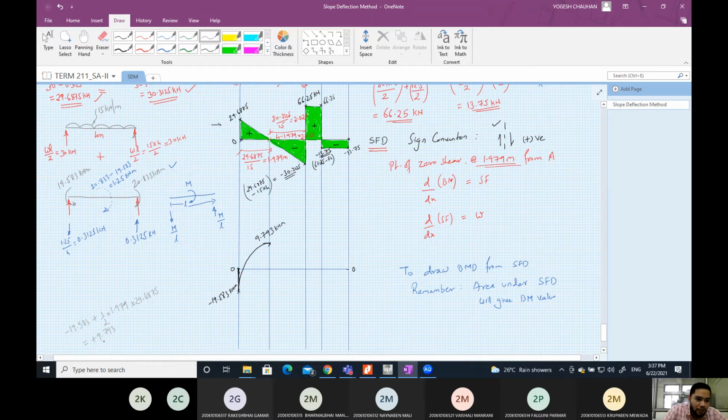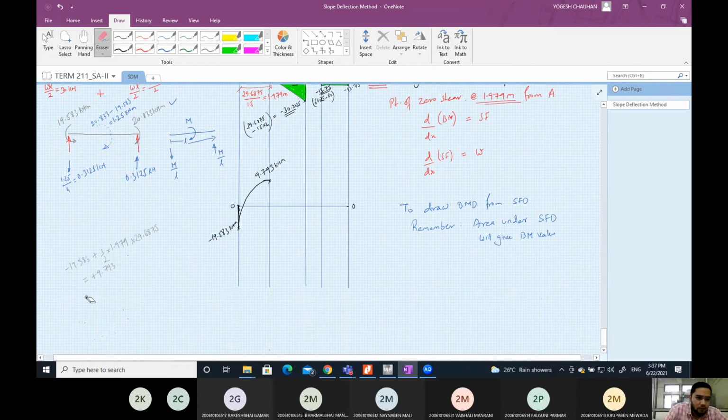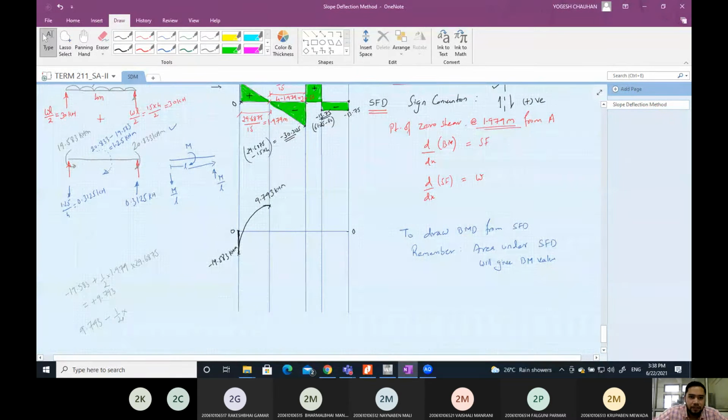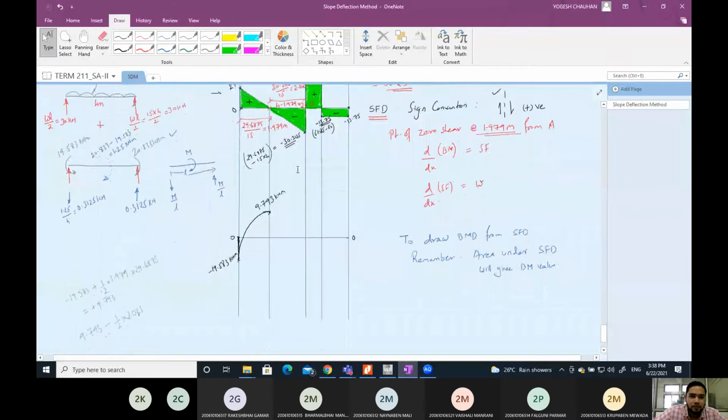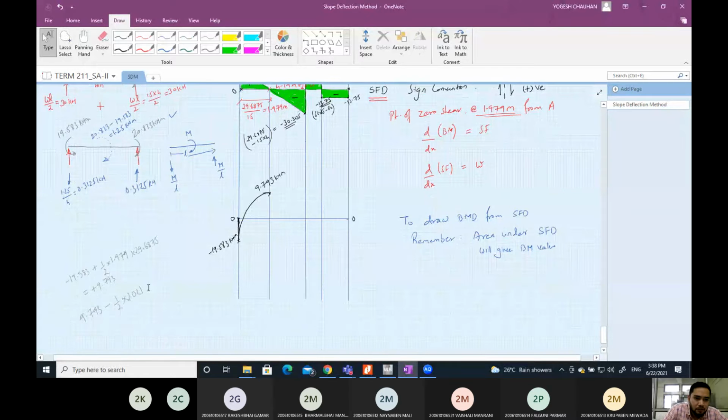So this value 9.793 minus 1/2 into base 2.021 and the height 30.3125.